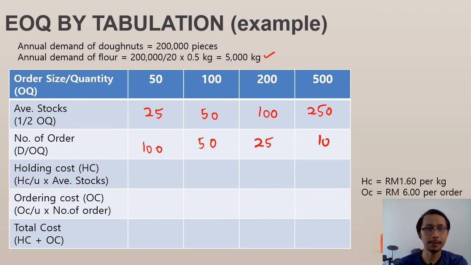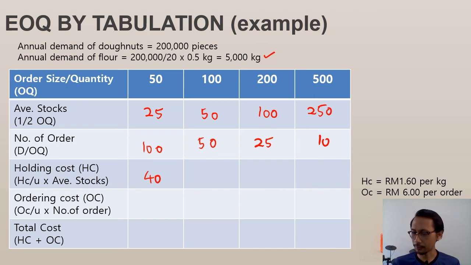So your holding cost will be 1.6 per kg. So now let's find out the total holding cost for each OQ. You will take your holding cost per unit times the average stock that you have here. For example, for average stock 25, your holding cost will be 40 ringgit.